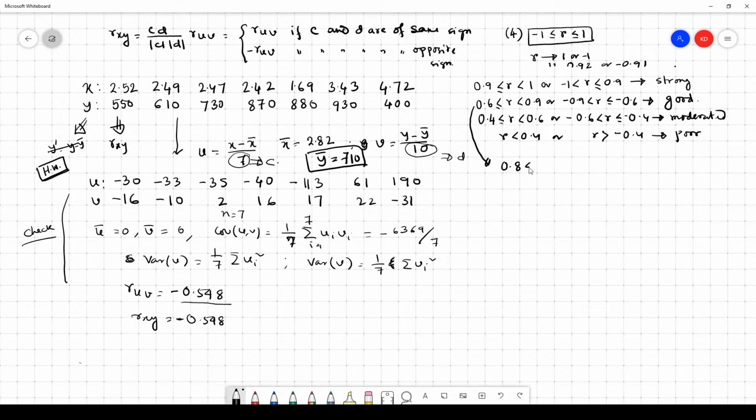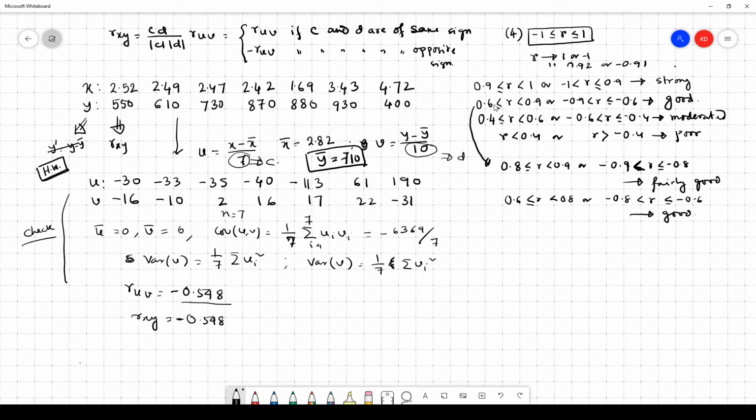If it is 0.8 to 0.9 or minus 0.9 to minus 0.8, this is taken as fairly good, and the remaining portion, 0.6 to less than 0.8 or minus 0.8 to minus 0.6, is classified as good.